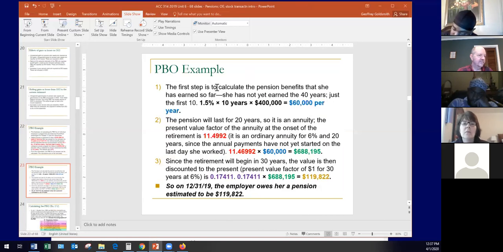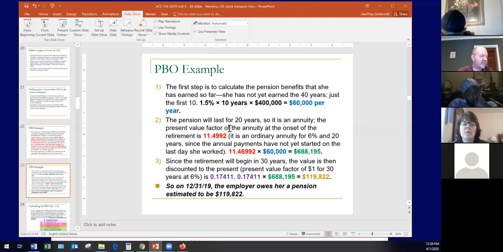First step is to calculate the pension benefits that she's earned so far. She has not yet earned the 40 years, just the first 10. 1.5% times 10 years times $400,000 is $60,000 per year. The pension will last for 20 years, so it's an annuity.